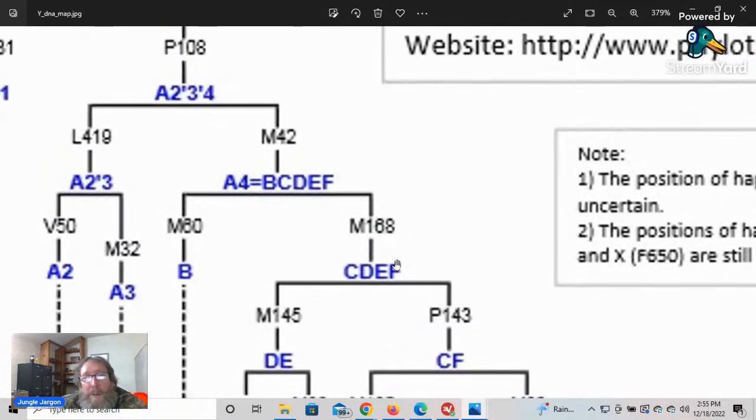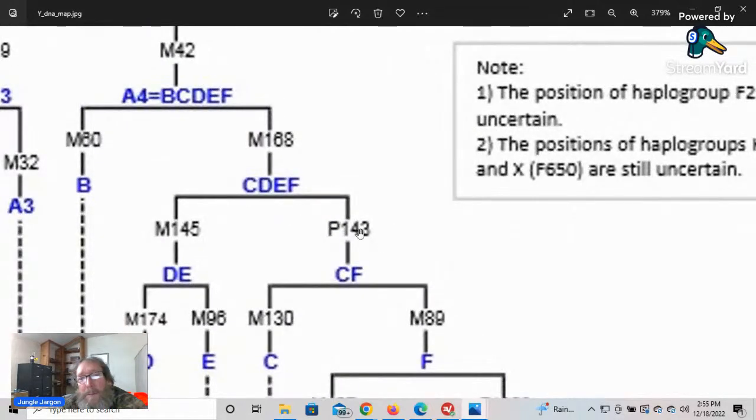And subsequent younger generations, younger descendants, all lost this marker that the oldest son of Cush, the son of Ham, shared with his great uncle.